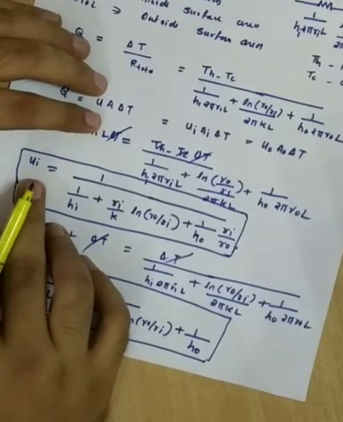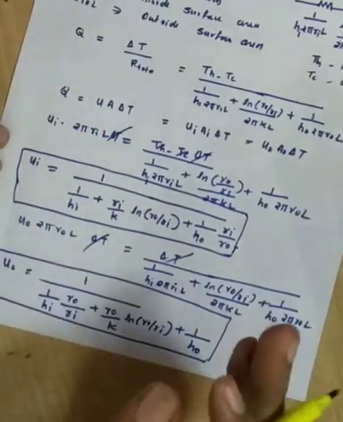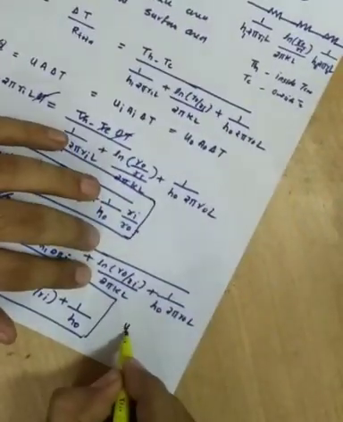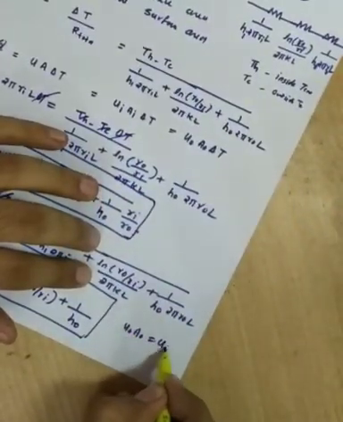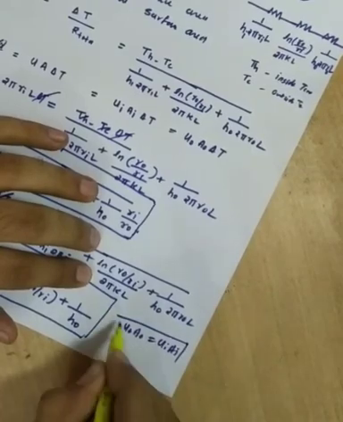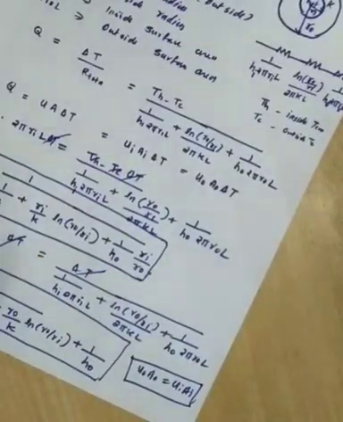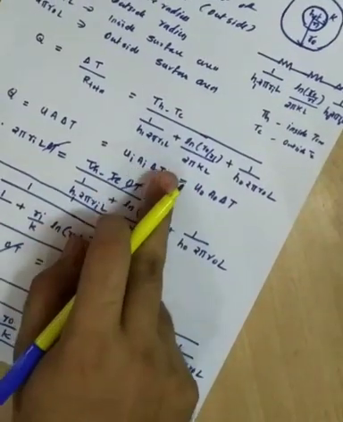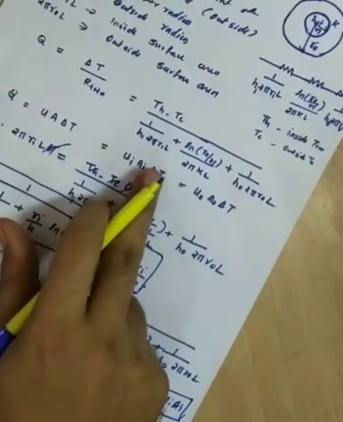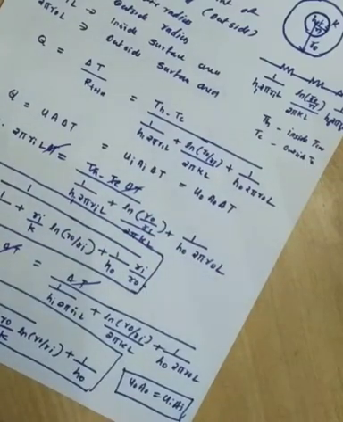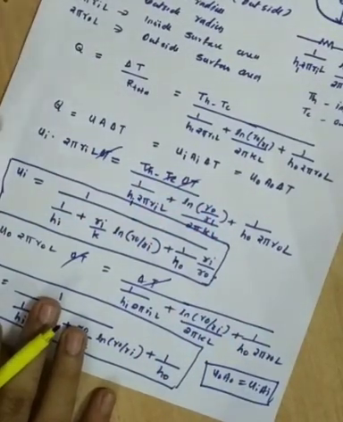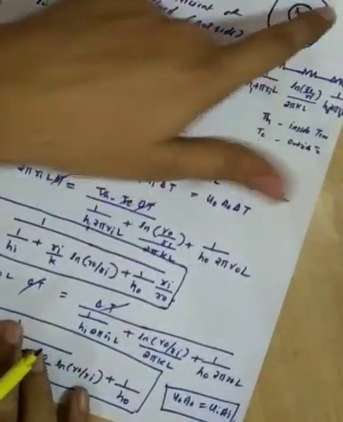This is the overall heat transfer coefficient for the inner surface, and this is for the outer surface, and Uo into Ao is equal to Ui into A. If you cancel delta T from this equation, Ui into A is equal to Uo into Ao. So this is all about the overall heat transfer coefficient for a tube flow.